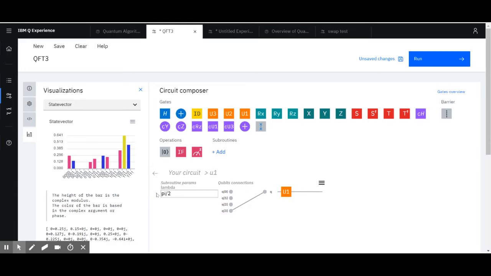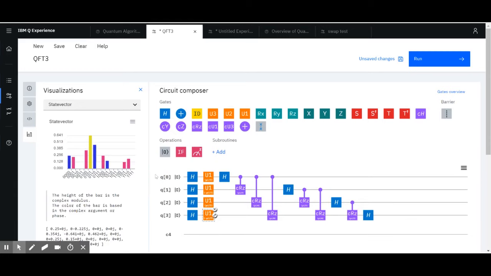Okay, so now I think I can say I know how to encode the inputs. I guess it depends on the concrete problem.